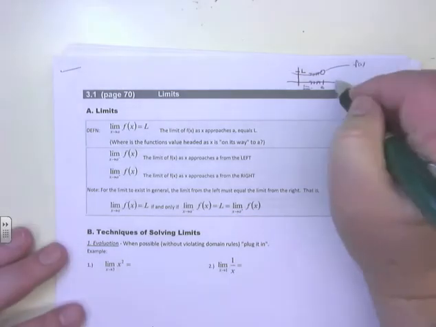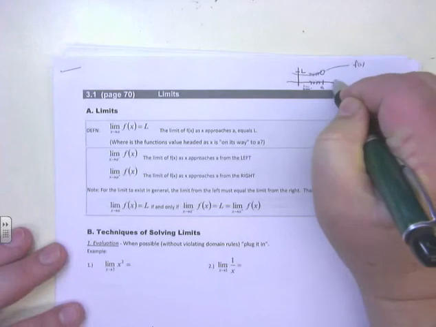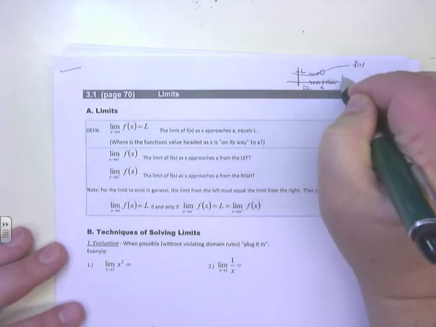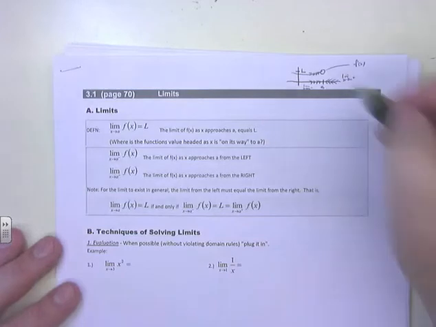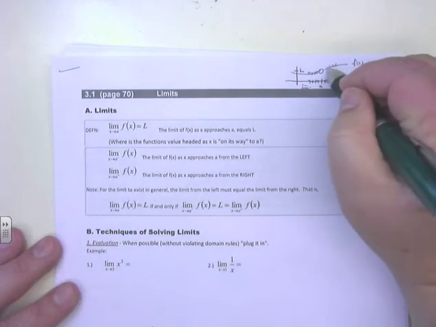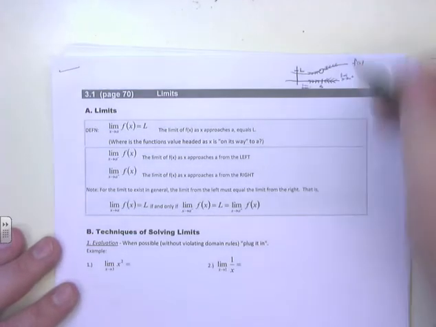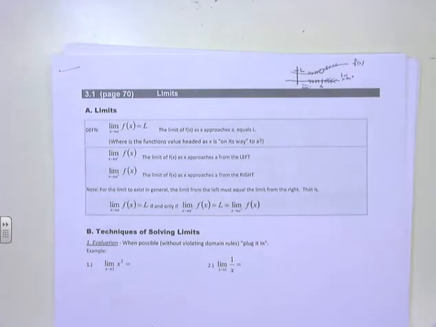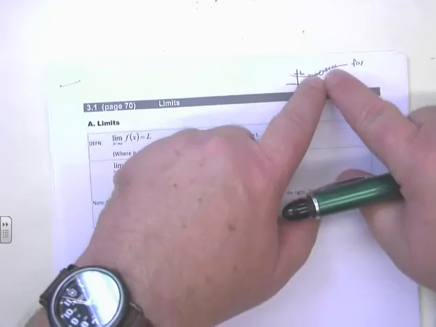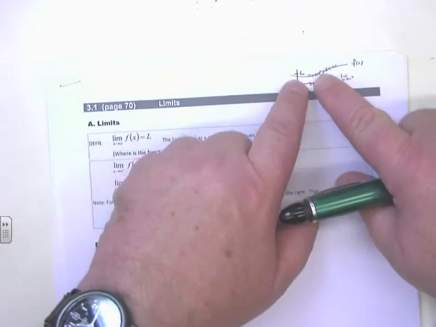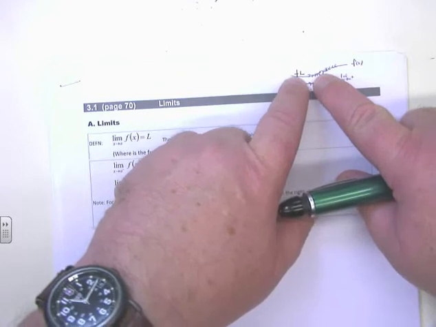And you take the limit as x approaches a from above or from the right. This will be that limit as x approaches a from the plus side. From the plus side, you plug numbers in slightly bigger than a, and you try to figure out where that limit value is. And when the limit from the left is equal to the limit from the right, you're approaching the same number, that's your limit value, L.